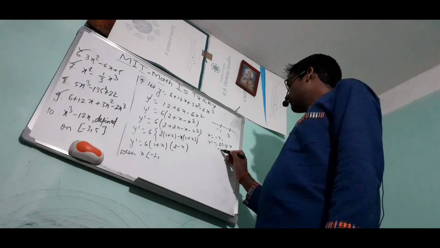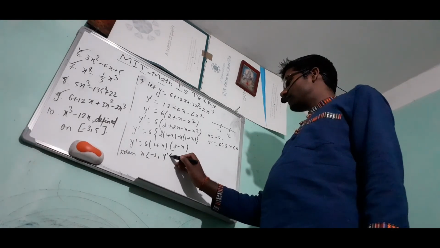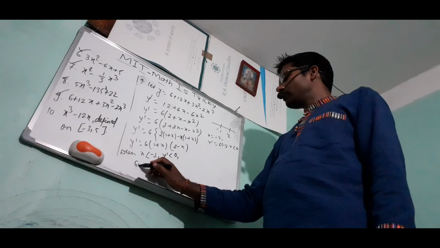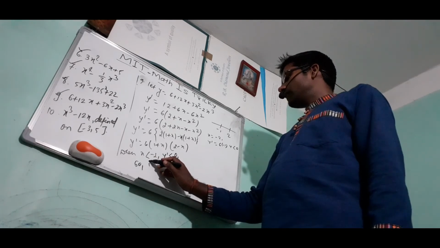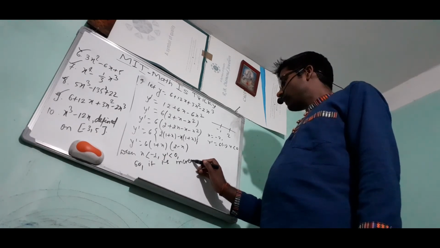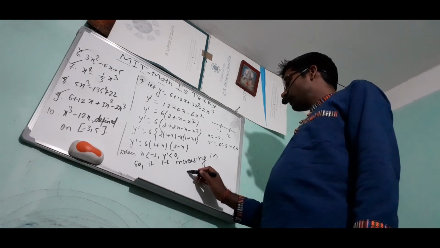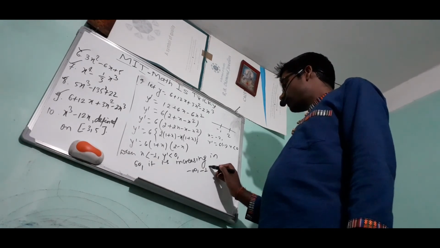It is simply less than 0, negative. So y dash is less than 0, so it is increasing in the interval minus infinity to minus 1.